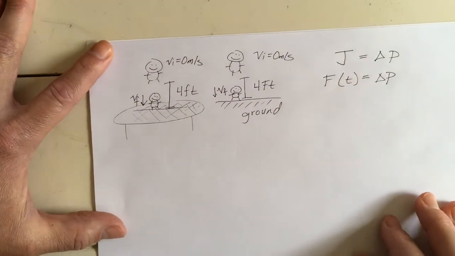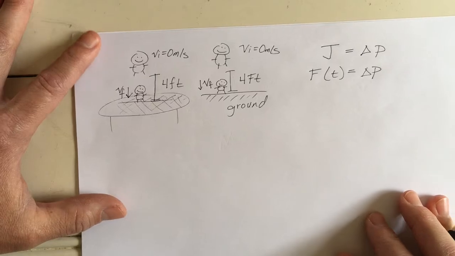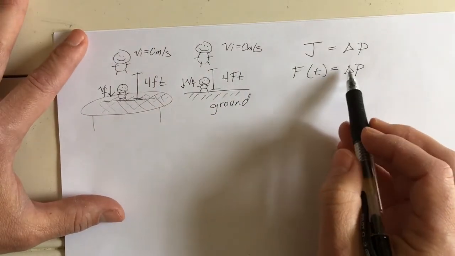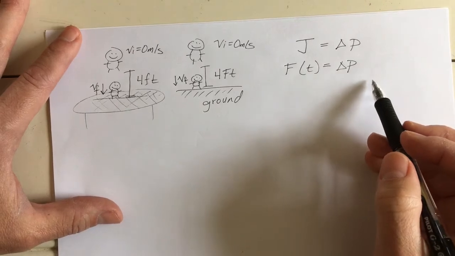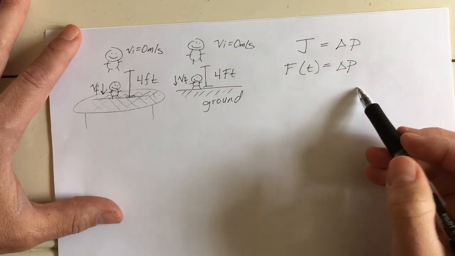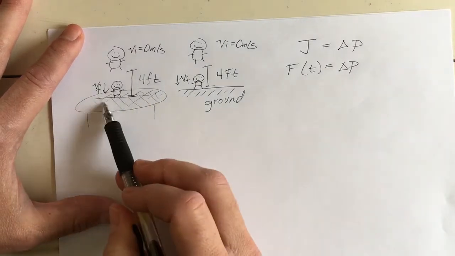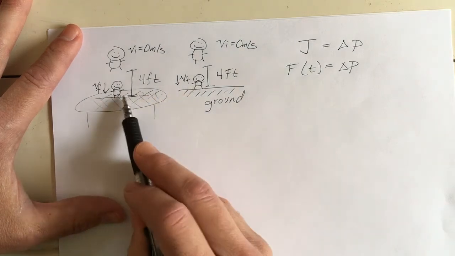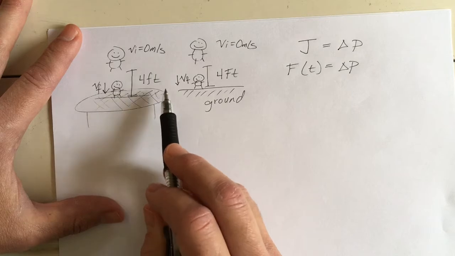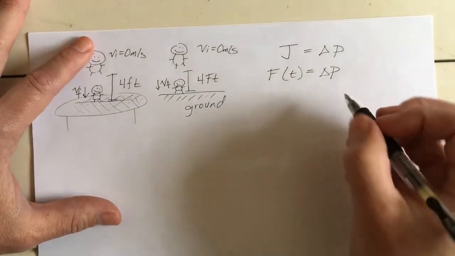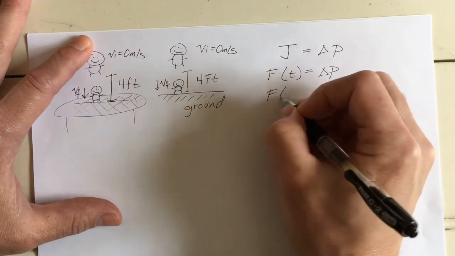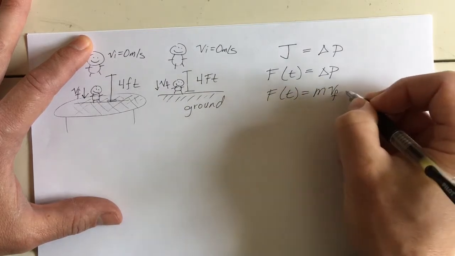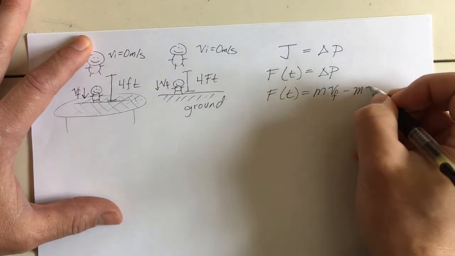All right, so what I'm trying to say here then is that they are going to have the same velocity in either case pointed down. And furthermore, they're going to have the same mass in either case, assuming this is the same person, right? So if I look back at this formula, I guess I'll expand it out. I wasn't going to, but I think it makes more sense to do that.